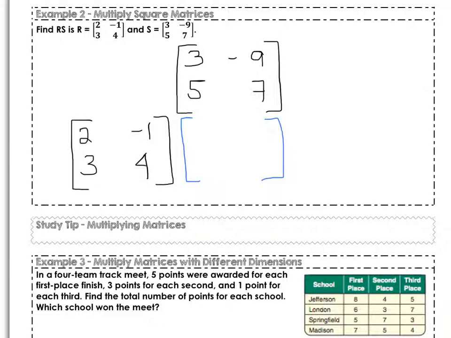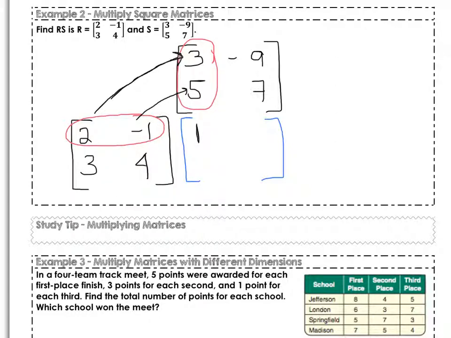So I'm going to multiply row 1 of R by the first column of S. And when I multiply these, I'm going to do 2 times 3, which is 6, plus negative 1 times 5. So 2 times 3 is 6, negative 1 times 5 is negative 5. 6 plus negative 5 is 1.